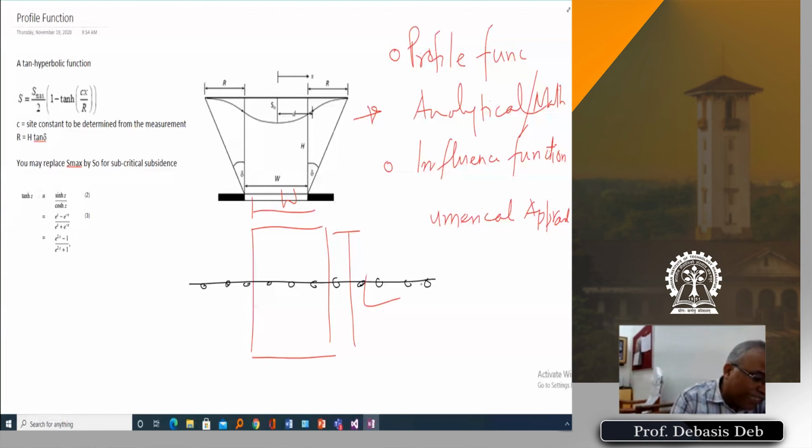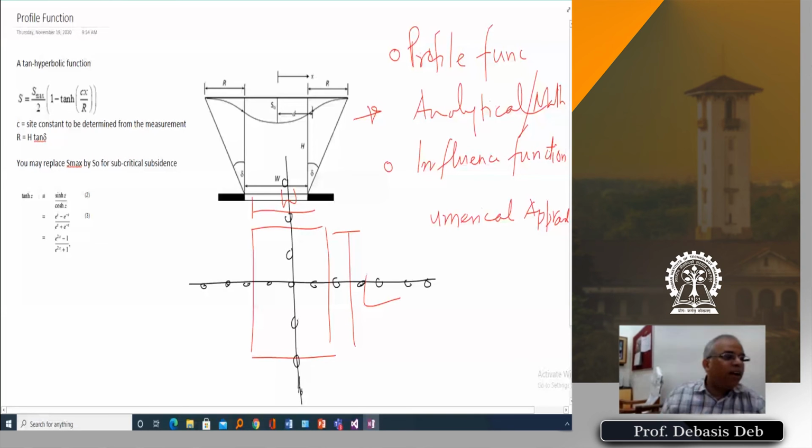So we put one like this. Maybe there is another direction like this, and we put a lot of these. We call it a monument. Some people call it a pillar. And then by surveying method, or these days by GPS technology, we have to measure all three directional displacements of this point.